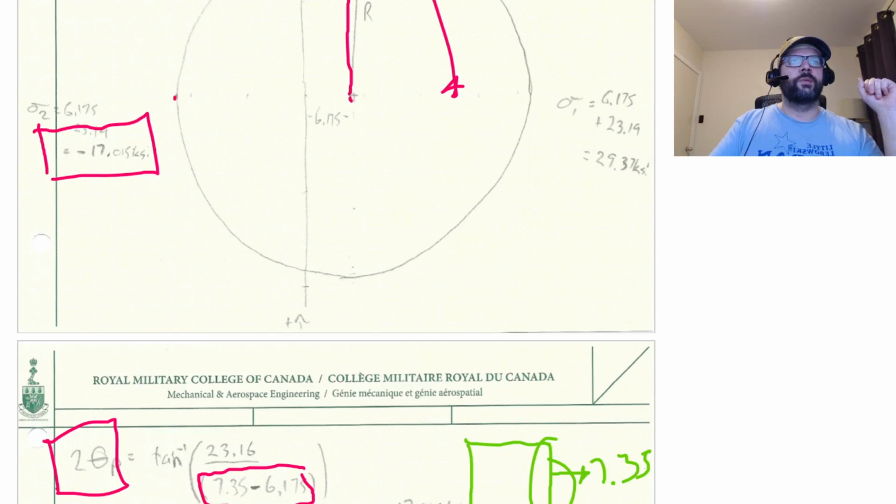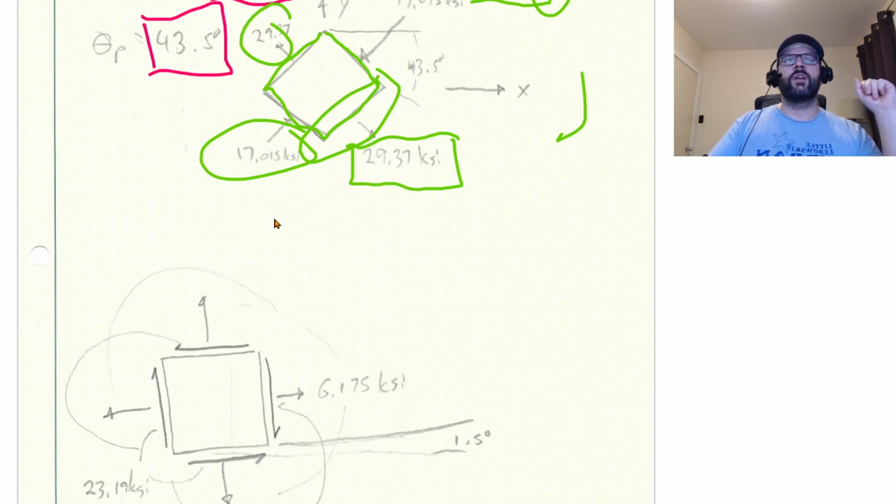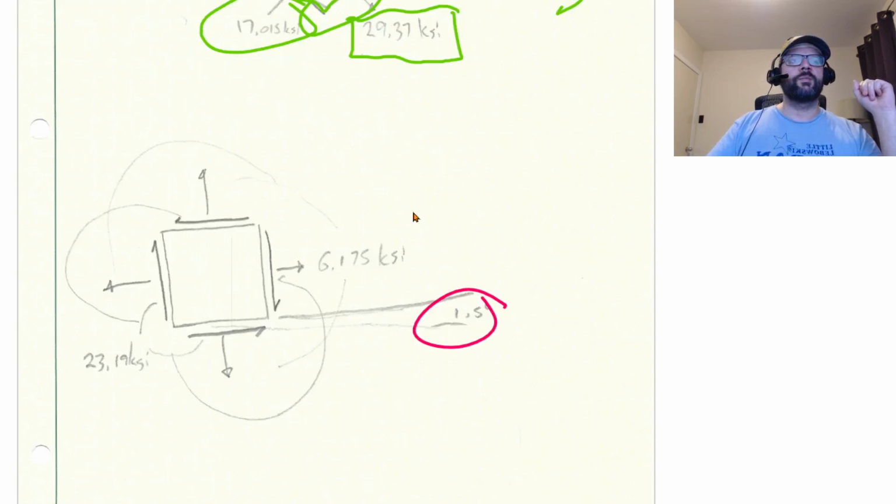We just need to rotate this counterclockwise a tiny little bit. So again, if this rotation here was 43.5 degrees, then this rotation here needs to be 1.5 degrees. So we're only moving a tiny little bit.